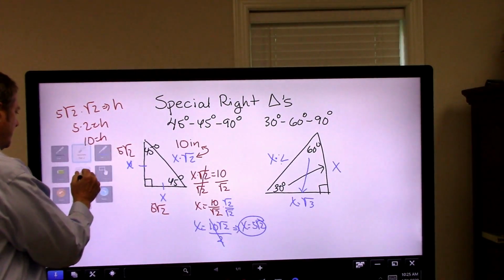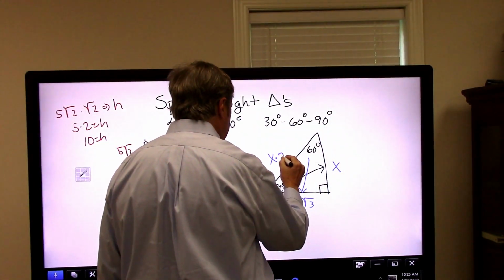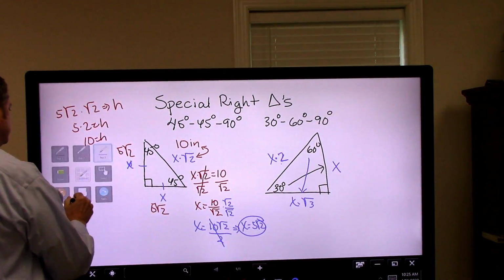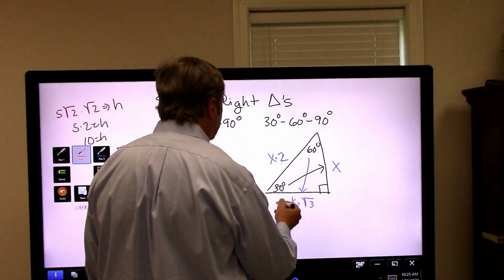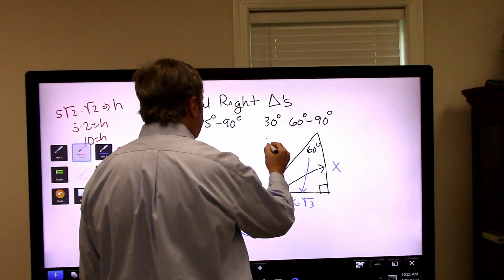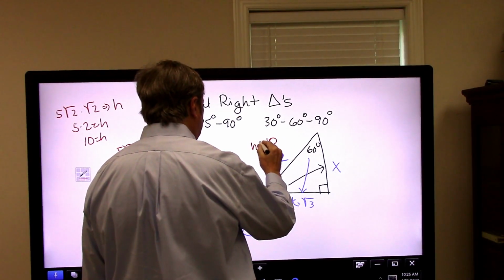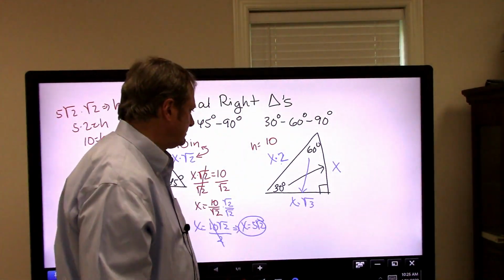Okay, let's come over here and do a similar one. Let's say that we know that the hypotenuse is equal to 10, but we don't know those other sides.